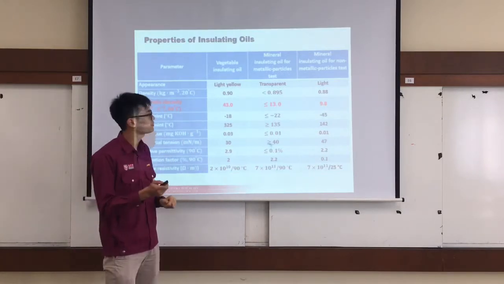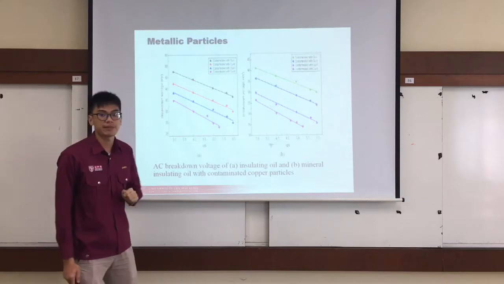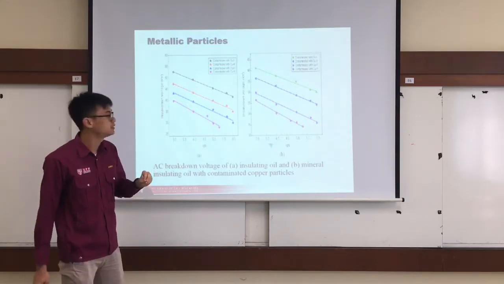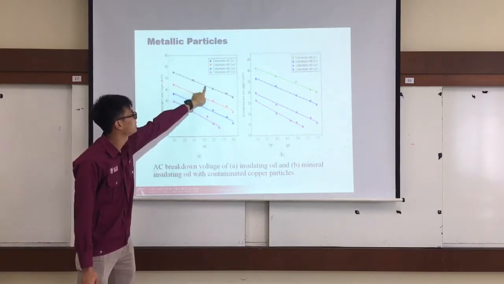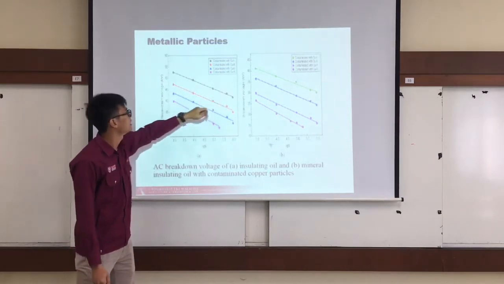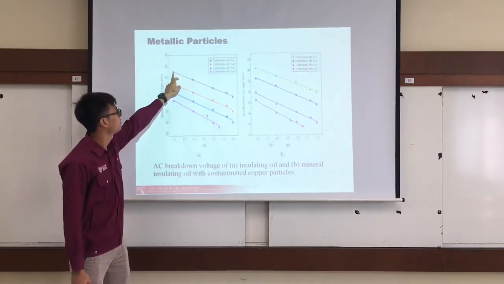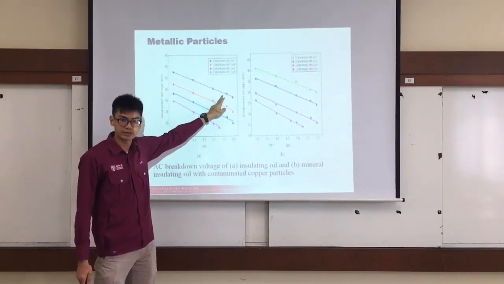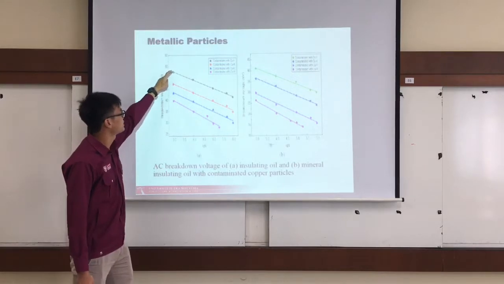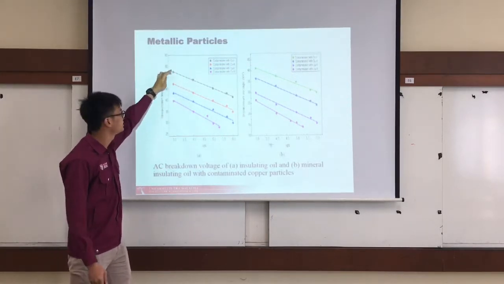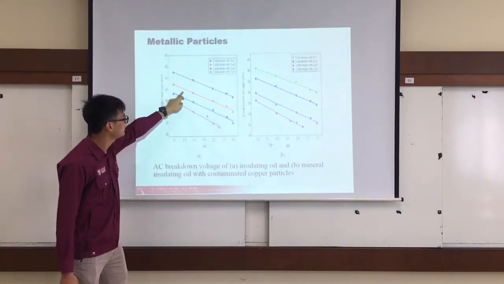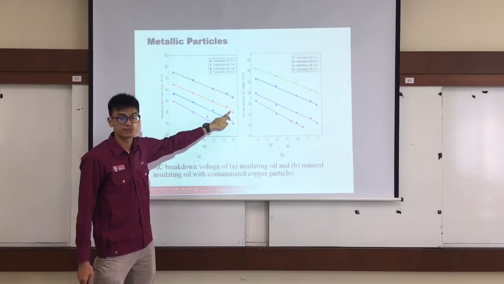So for the metallic particle test, we can see that the presence of copper particle, particularly this line, shows that the presence of copper leads to reduction of voltage breakdown strength. As the size of the particle increases, the lower the breakdown voltage is.